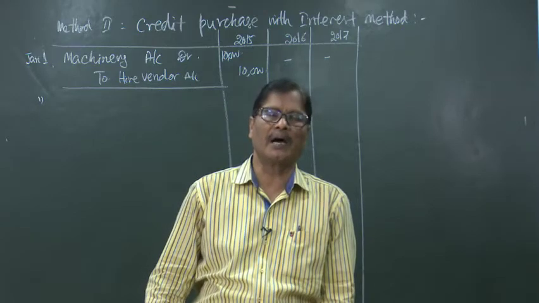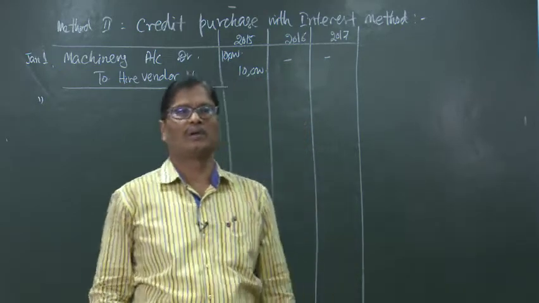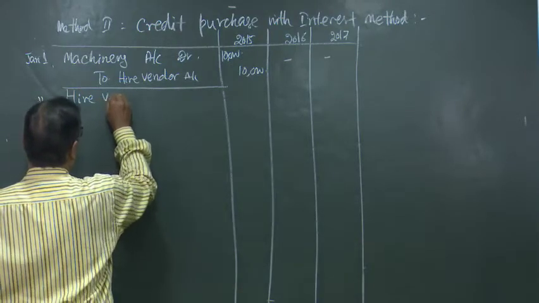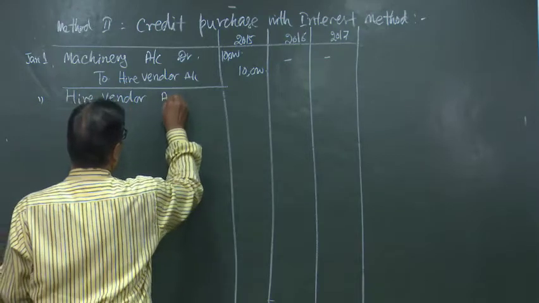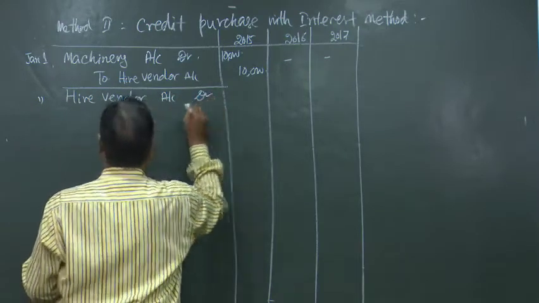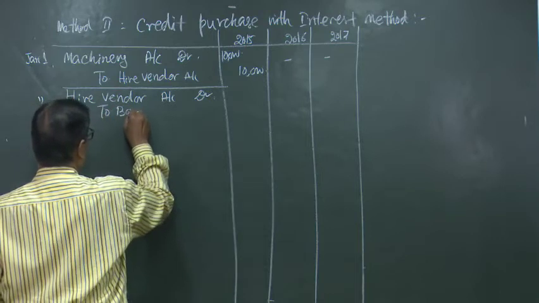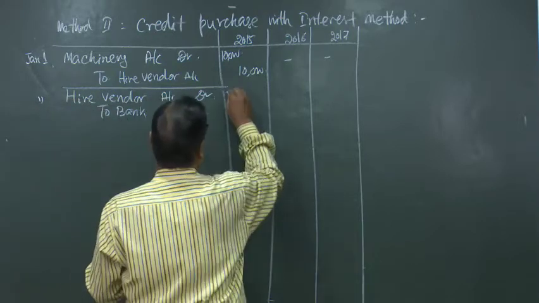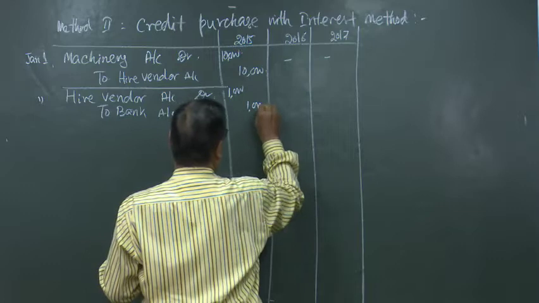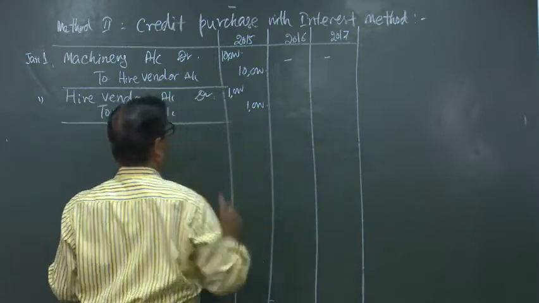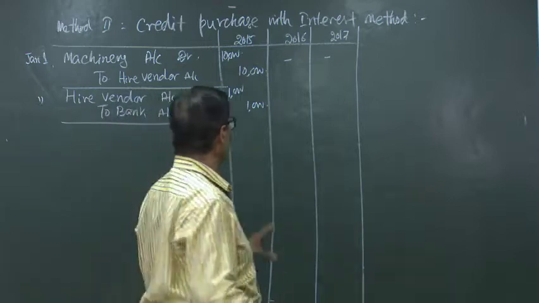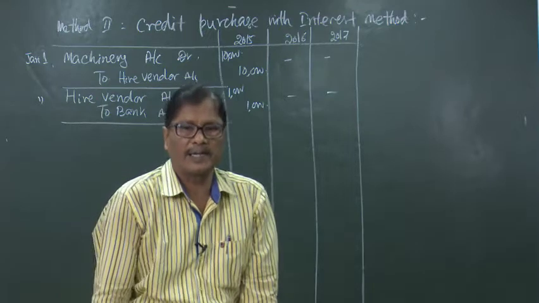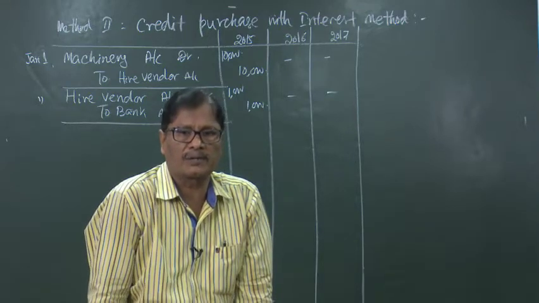So, the entry will be hire vendor account debited to bank account. Being the down payment made. Now, this down payment is also not made every year. So, no entry will be there in the subsequent years, that is 2016 and 2017.